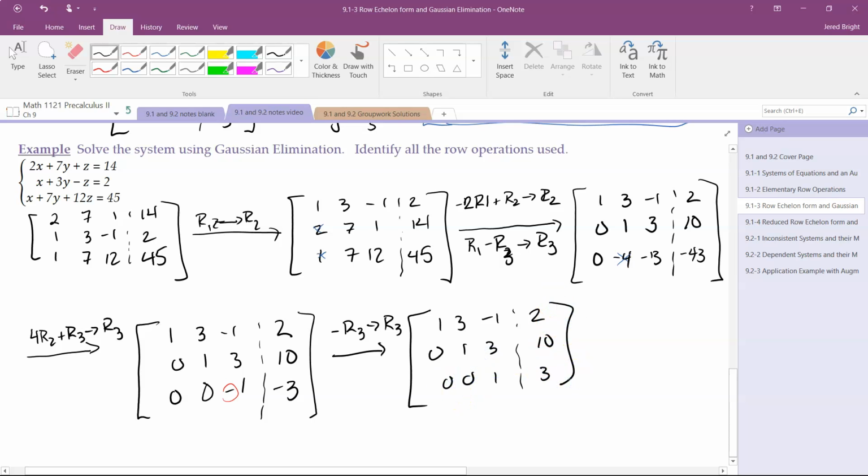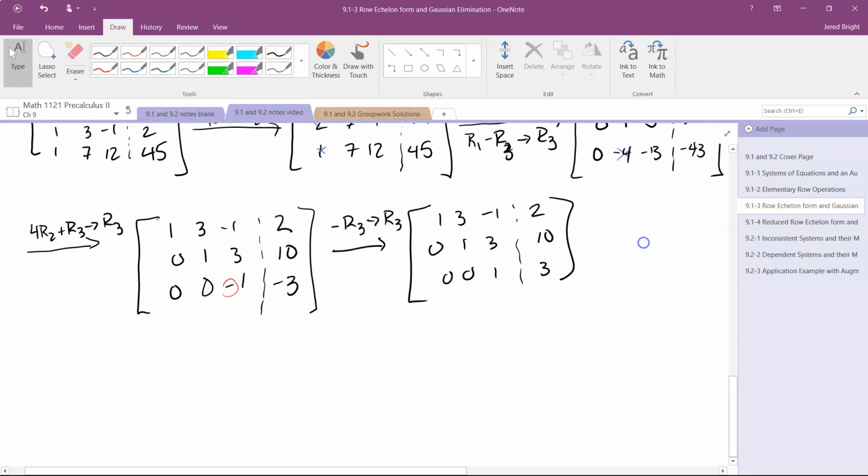Okay, now this is super nice because with this, I can translate this back. So I'm done with row operations, and I'm going to start that back substitution. So I have z is equal to 3 from the last equation, and then I have y plus 3z is equal to 10, and then I have x plus 3y minus z is equal to 2.